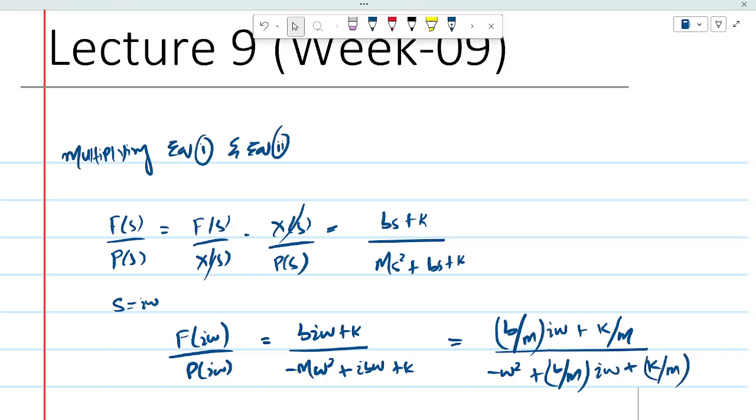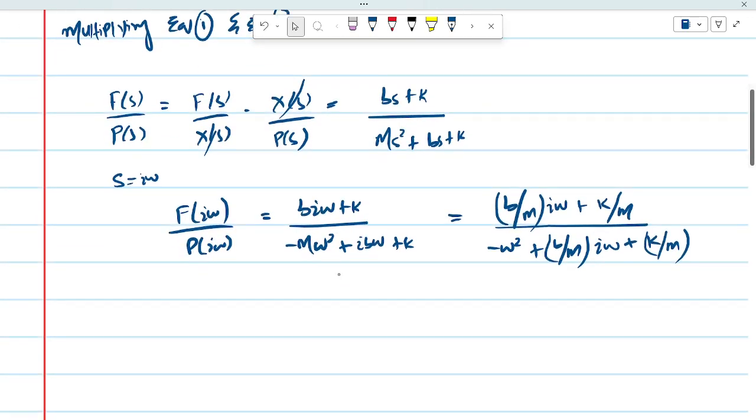And we can substitute, again we are interested in the dimensionless number as much as possible, so k over m is actually the natural frequency square of the system, and again the b over m is 2 into the damping ratio into the natural frequency of a system.